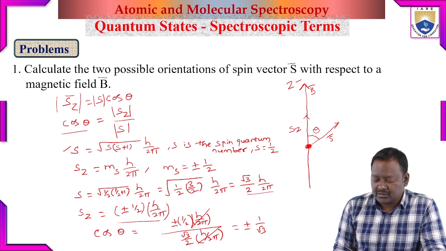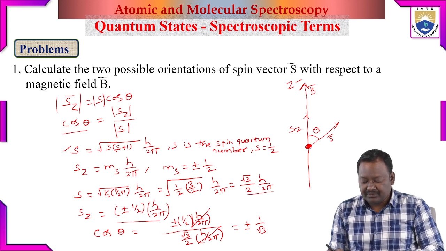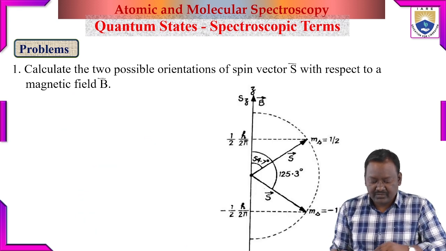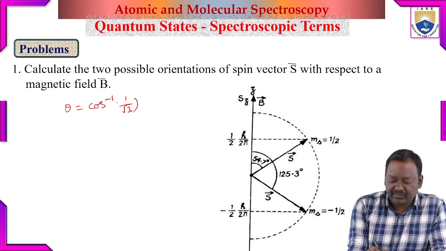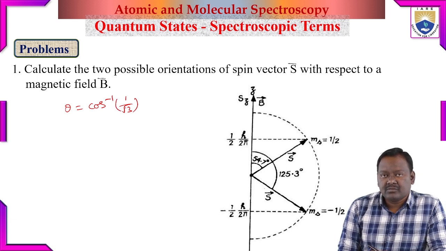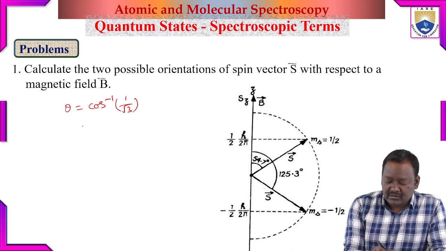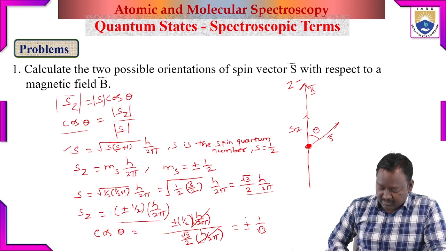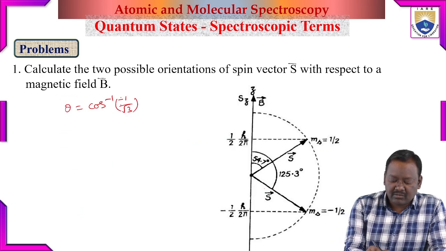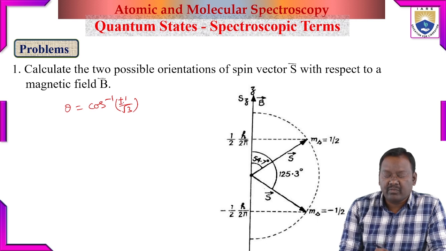1 by root 3. So this is the cos theta value. In order to find theta, theta is equal to cos inverse of 1 by root 3. Here again, there should be plus or minus 1 by root 3.